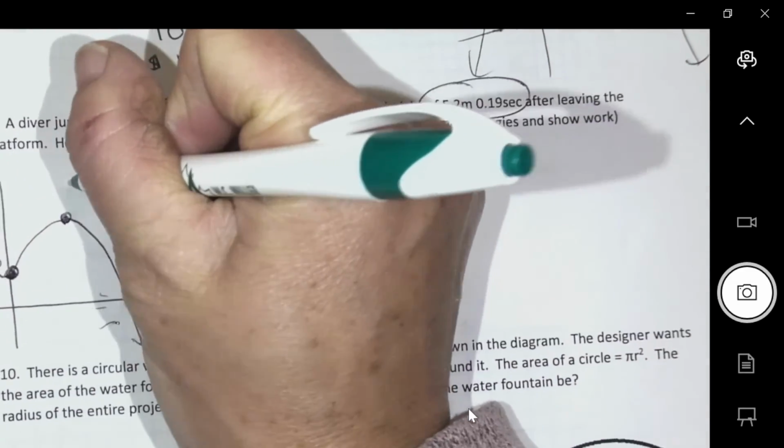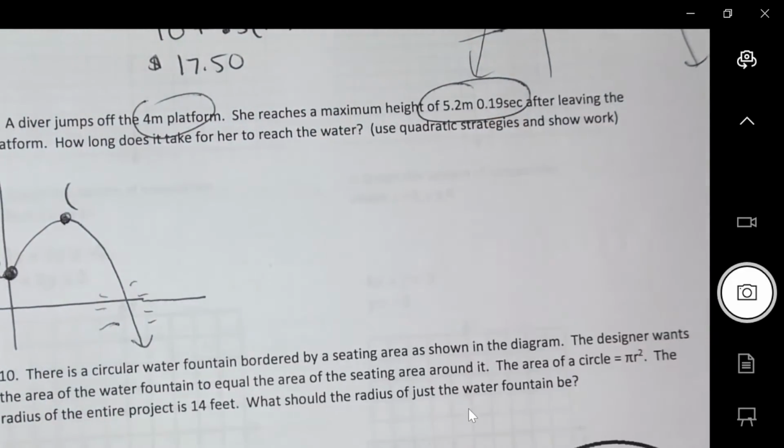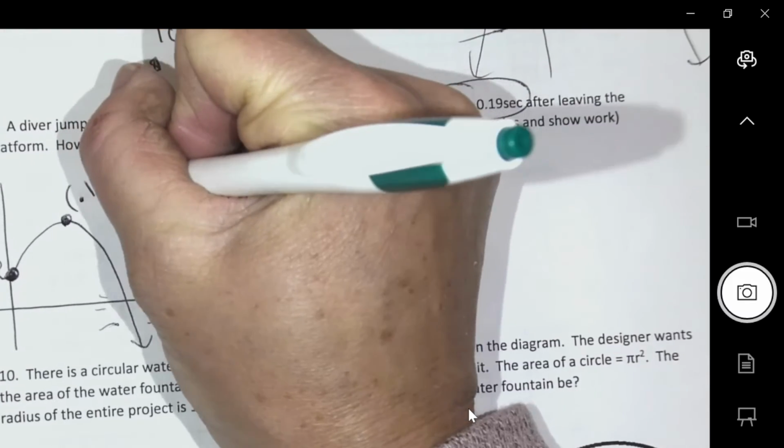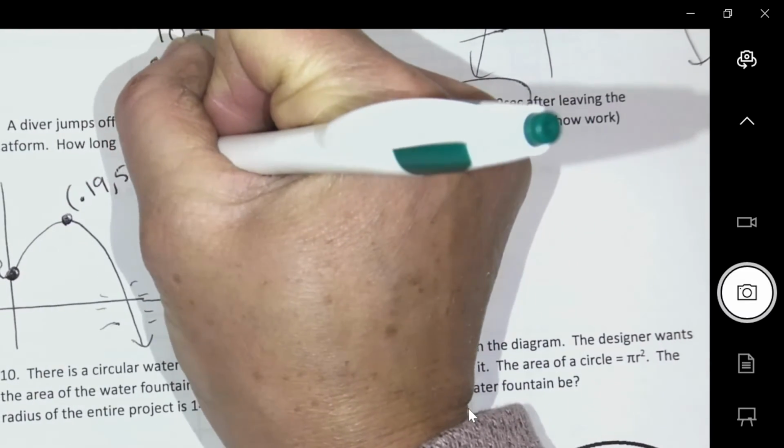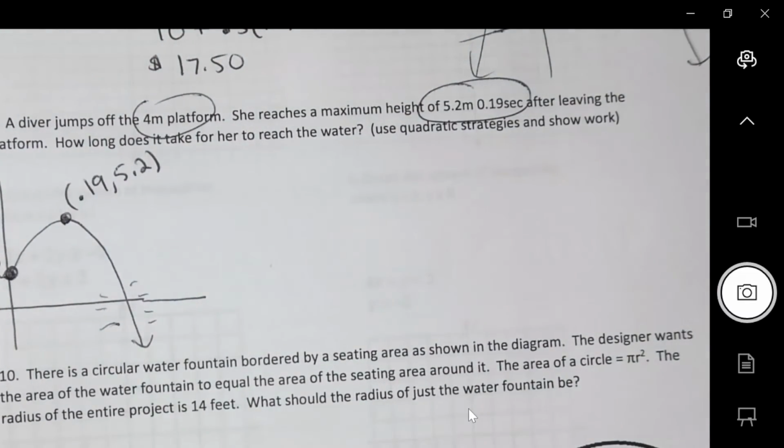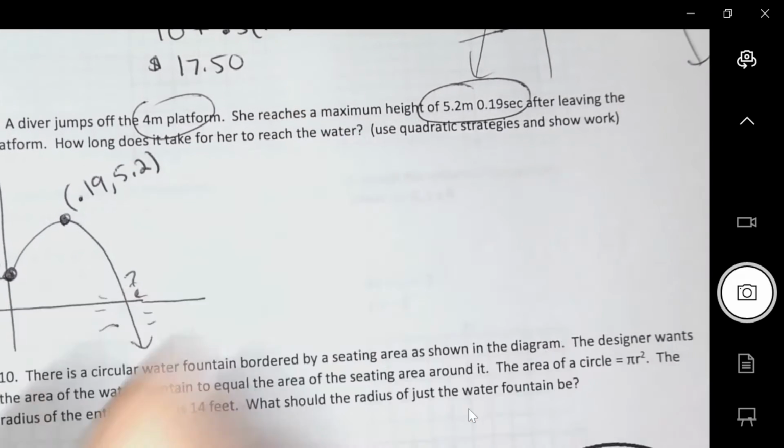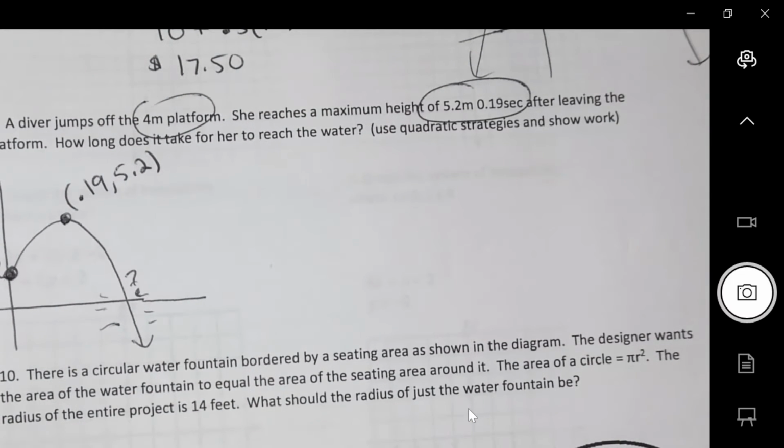So be careful, because you always are writing your coordinate time, comma, height. And then I'm trying to answer how long before she hits the water.